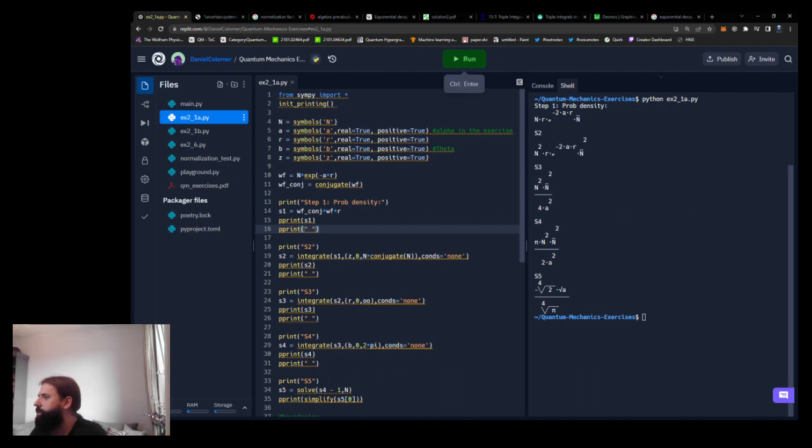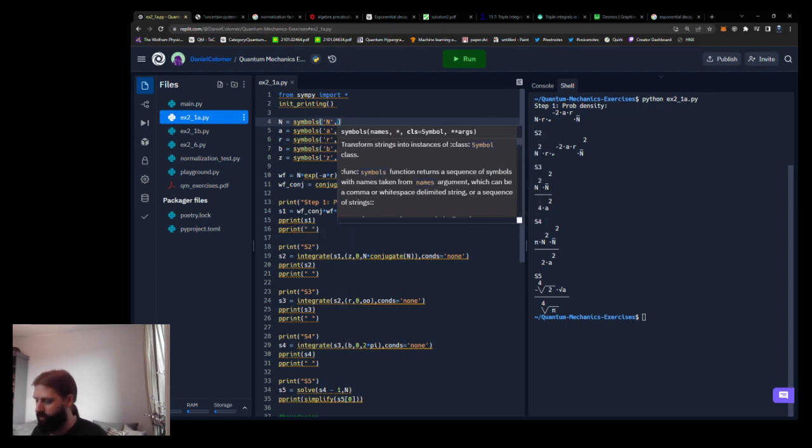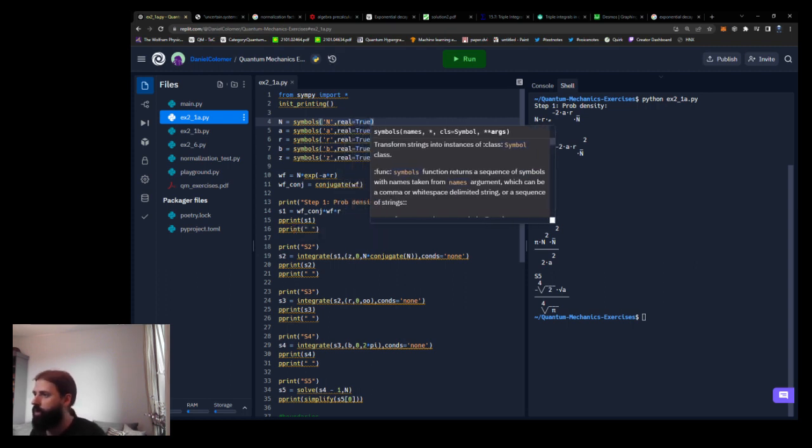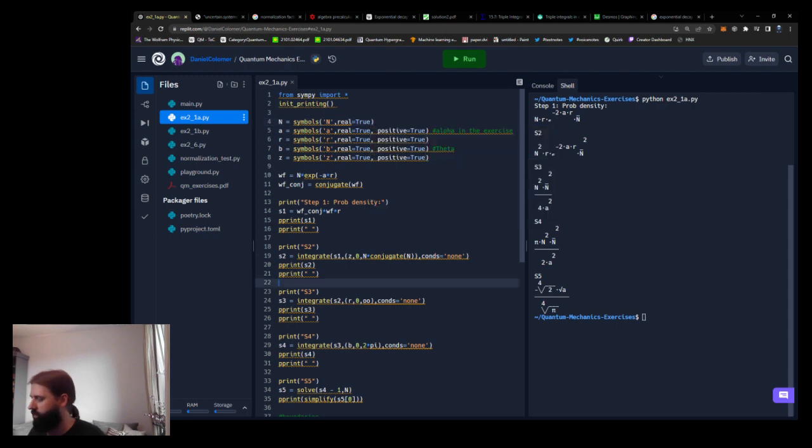We have this function here. Let's say this is real. I don't know if I can make that assumption though.